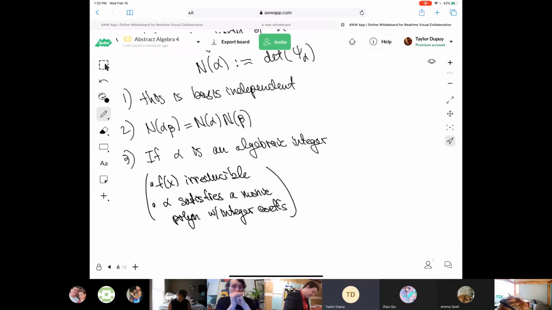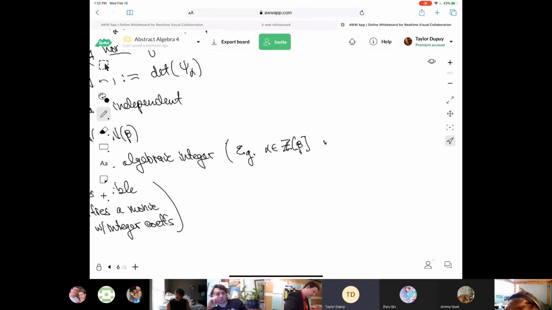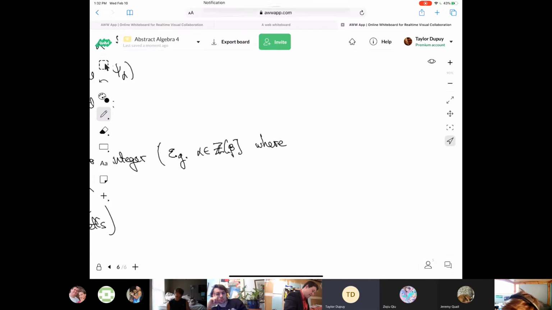An example of this is alpha an element of Z adjoin beta, where the monic minimal polynomial of beta has integer coefficients.